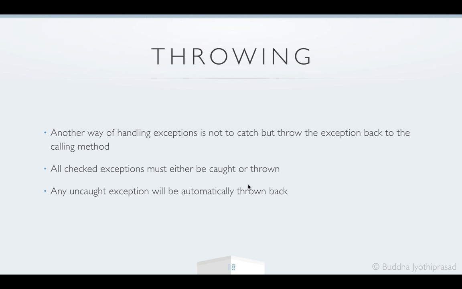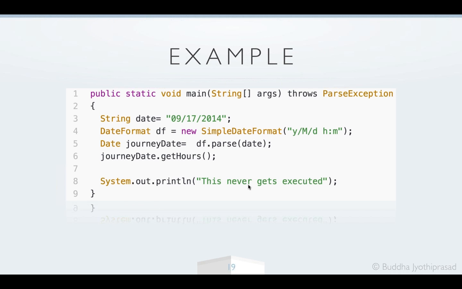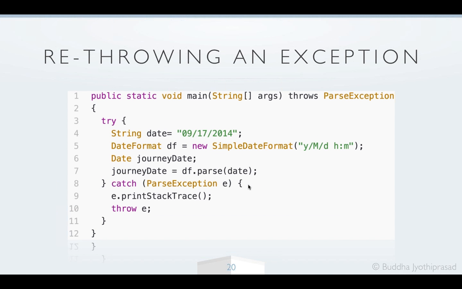And then, for all these examples that I've already explained, the other way of handling it is throwing it. Whenever we catch an exception, we are not throwing it back, but instead we can also manually throw it if we want. There is a concept called rethrowing.